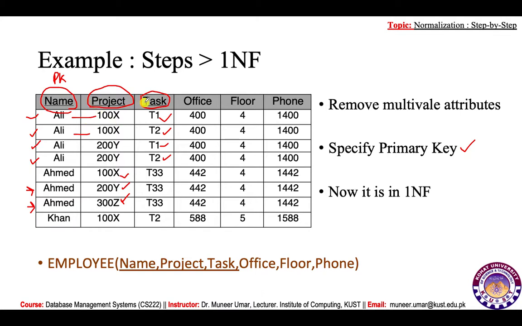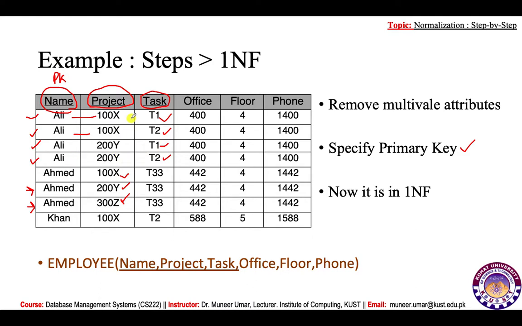So we are now combining this task with these 2 attributes to make a primary key. Now if we combine this task with these 2 attributes, then we will have a composite of 3 attributes. And now if we look into the values, then there would be no repetition. Ali 100 T1, Ali 100 T2, Ali 200 T1, and Ali 200 T2.